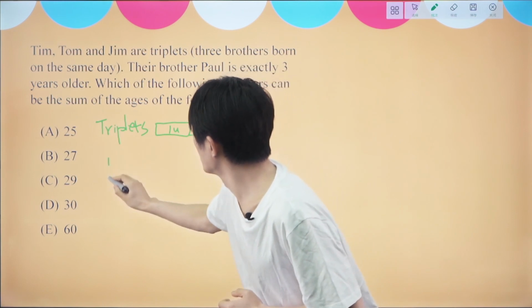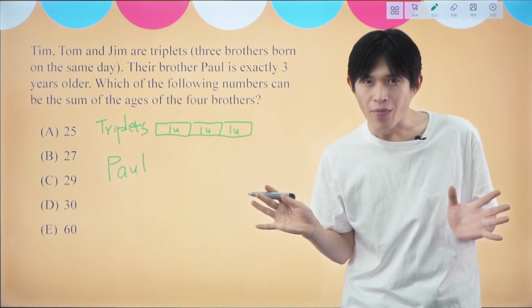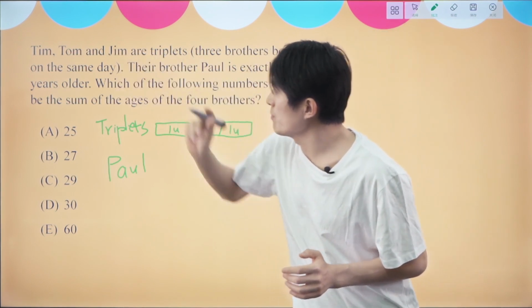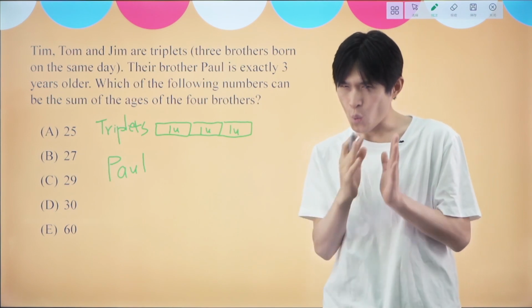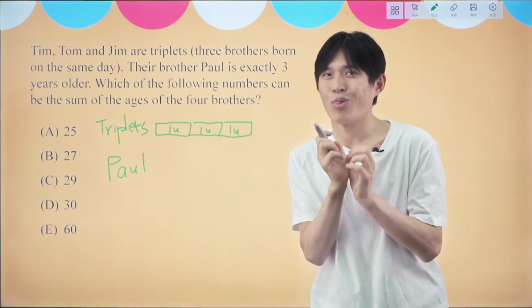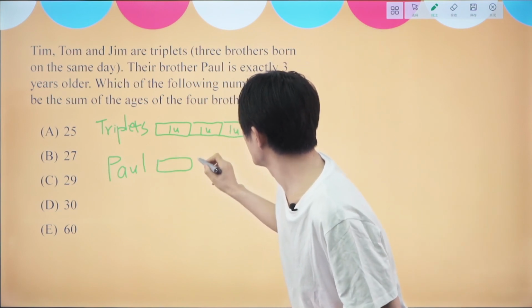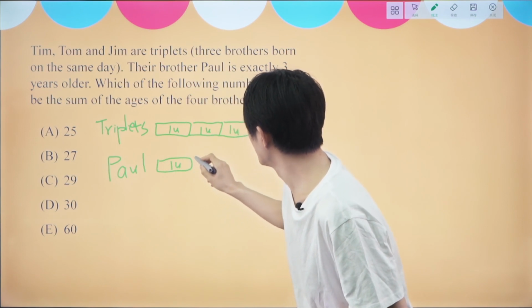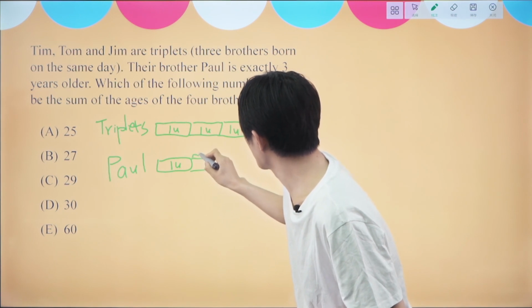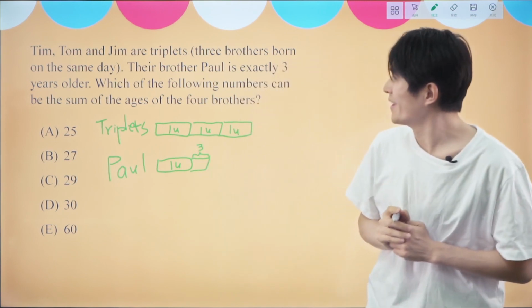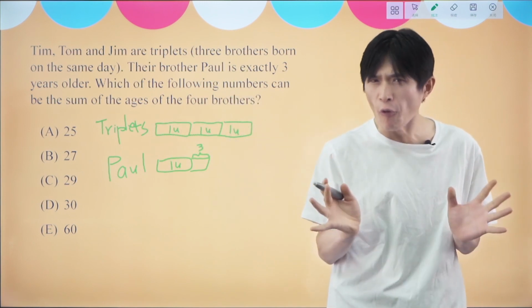And Paul is 3 years older than each one of the triplets. So that means Paul's age will be 1 unit plus 3. We draw this 1 unit and 3. So which of the following numbers can be the sum of the ages of the 4 brothers?